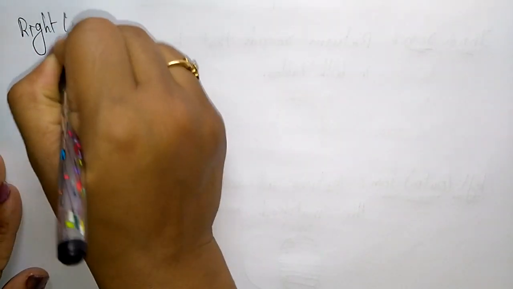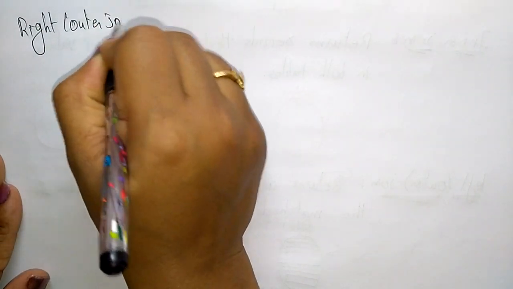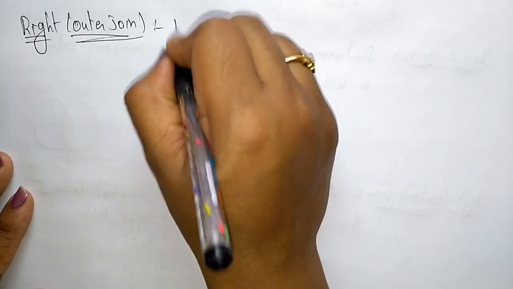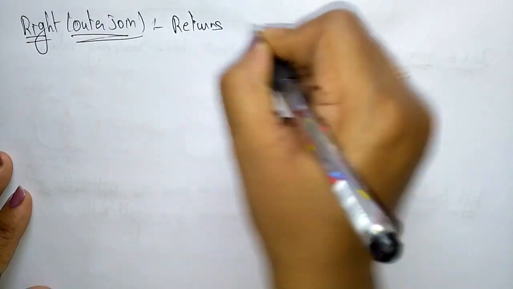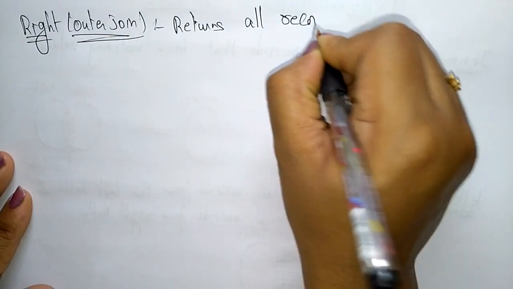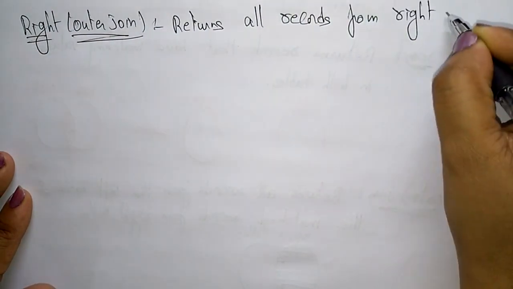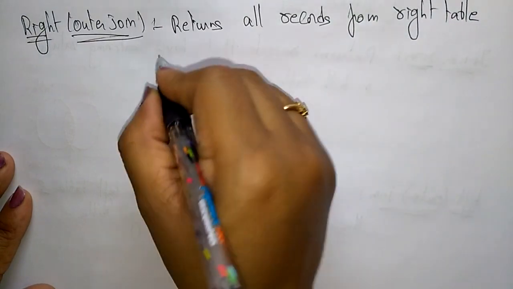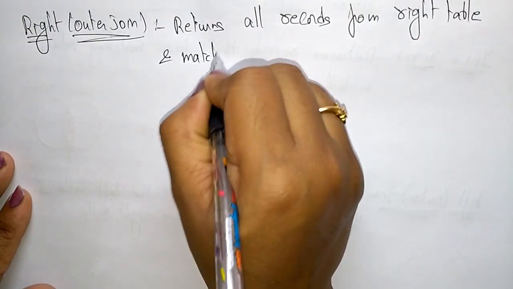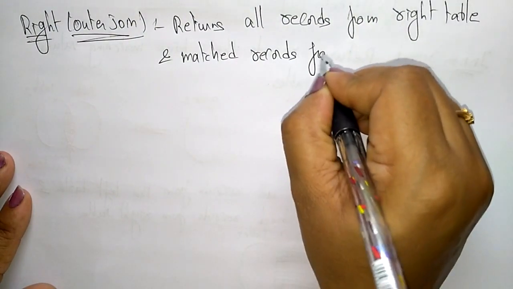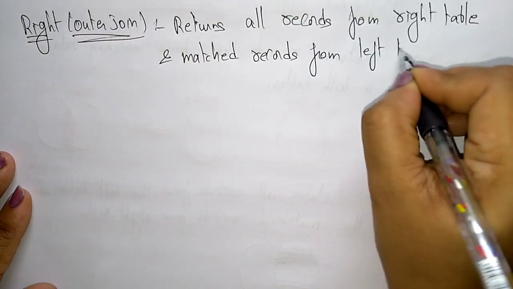Now coming to the next, right outer join. What does it do? It returns all records from right table and matched records from left table.